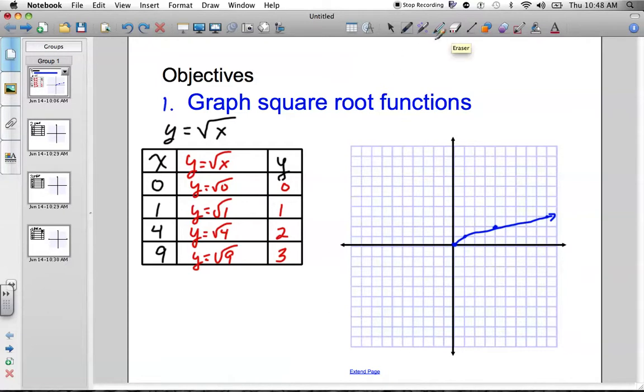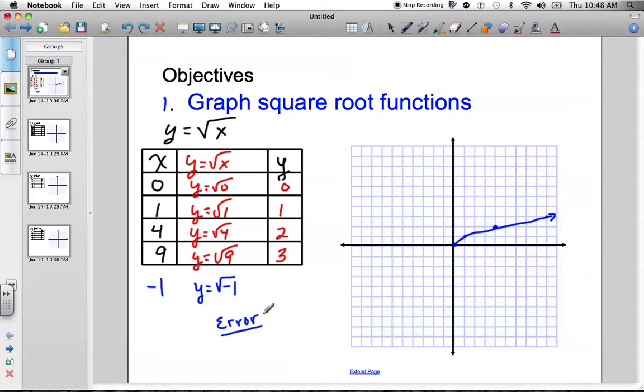One thing I need to point out to you is the fact that there's not an arrow going to the left or down from the origin. The reason for that is this. If one of our input values, our x values, was -1, and we put that into our parent equation, and you put the square root of -1 into a calculator, you would end up with a message that says error, or maybe domain error, or math error, or possibly syntax error.